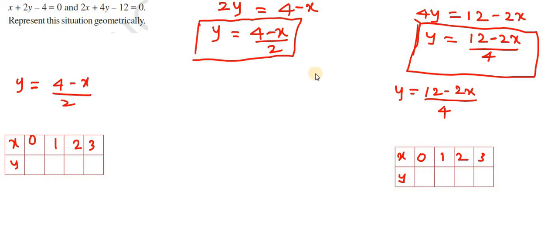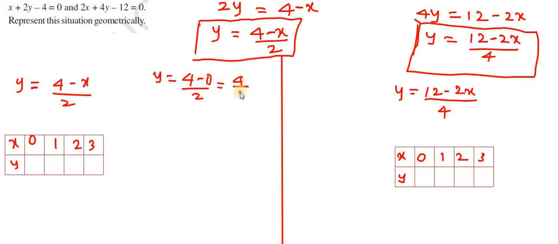Now I will give the values for x and find the y values. See, if I take x equal to 0, then y is equal to 4 minus 0, divided by 2. 4 minus 0 is 4, 4 divided by 2 is equal to 2.